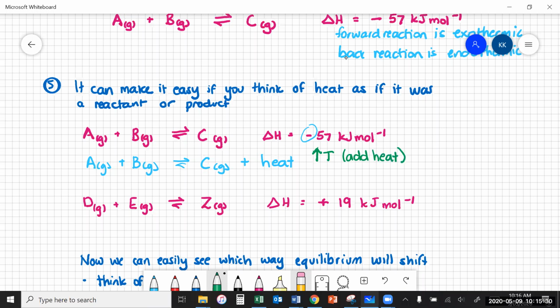So if I add heat, then according to Le Chatelier, this system is going to move over to the right to use up the extra heat. So the position of equilibrium is going to move to the, did I say right? I meant left. Position of equilibrium is going to move to the left. And that's going to use up the extra heat.